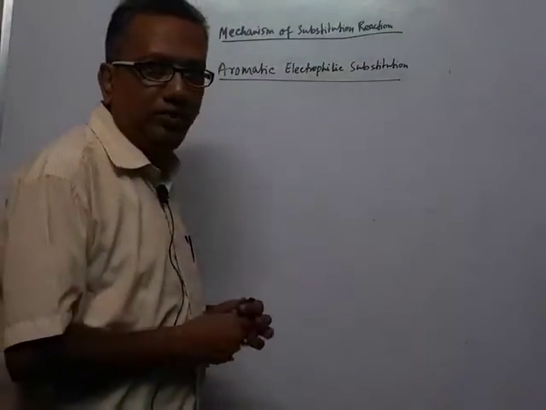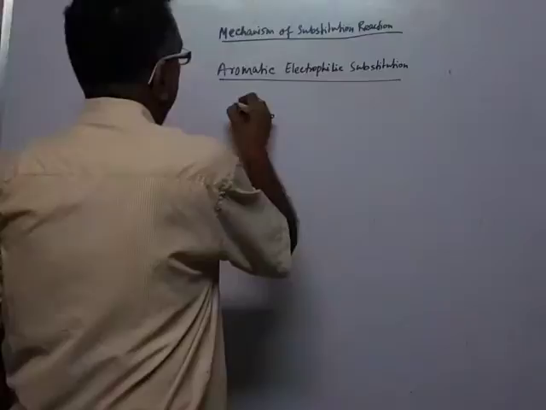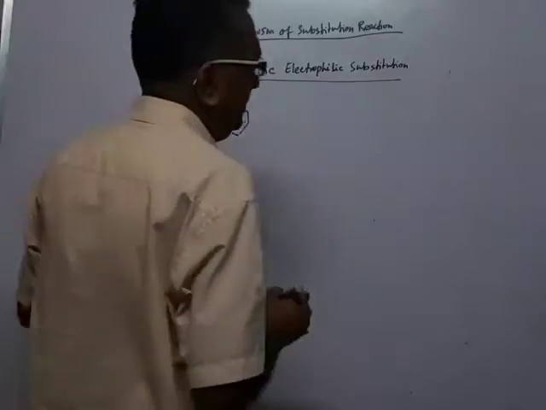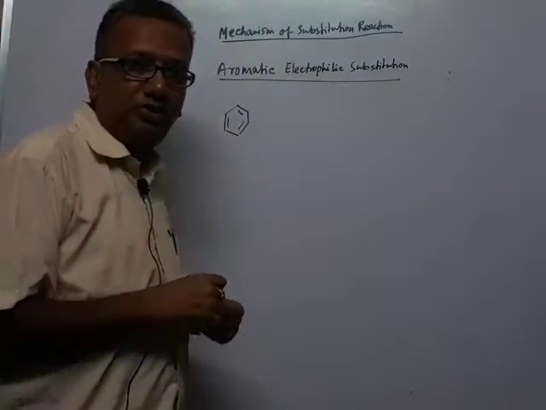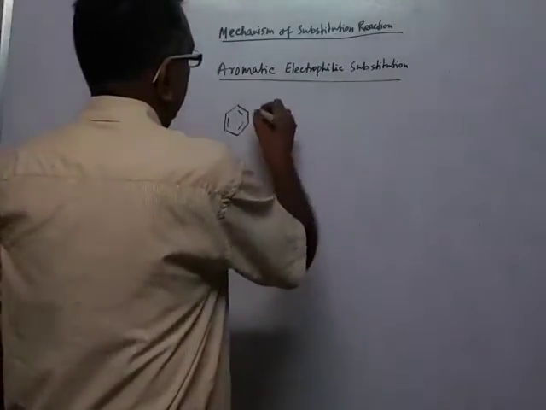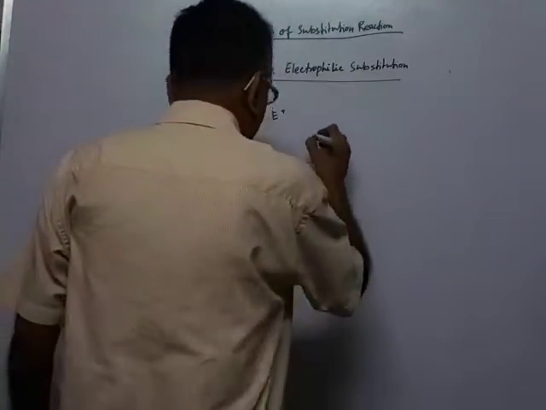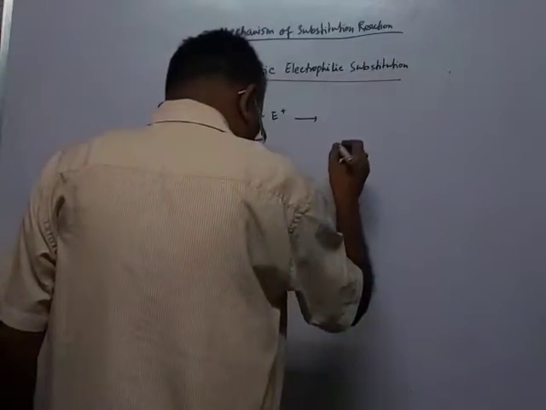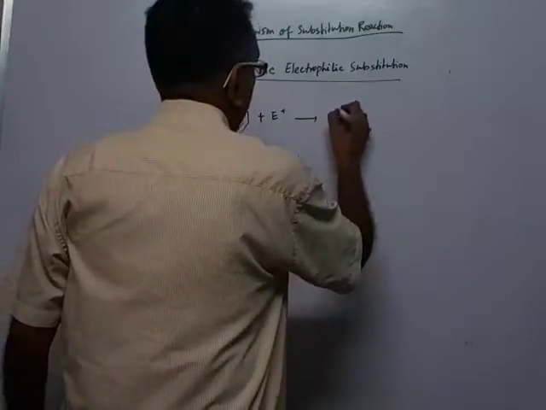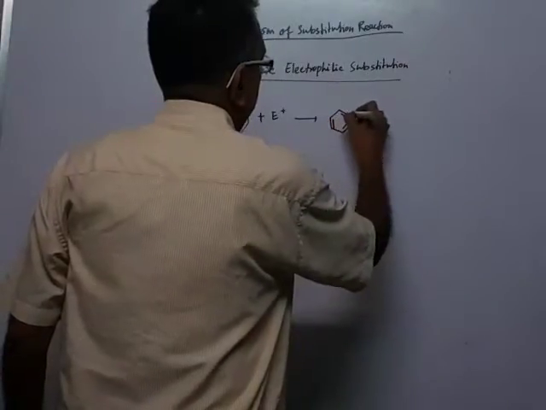Now we are coming to aromatic electrophilic substitution. This aromatic electrophilic substitution is initiated by the electrophile, that is either an electron deficient species like a positive species, or a molecule having electron deficiency. Suppose we take E plus as an electrophile, and then the reaction proceeds in the following way.